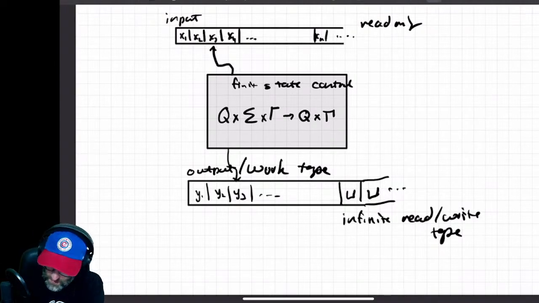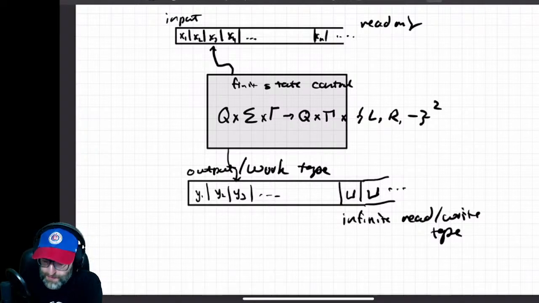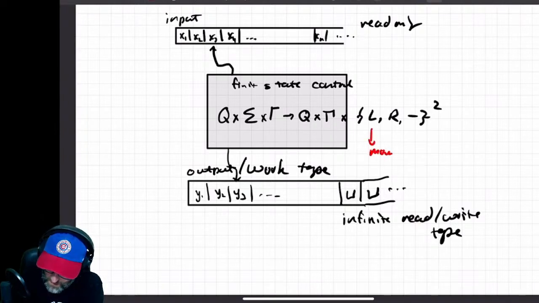And then it's going to move left, right, or stay the same on both the input tape and the output tape. Again, let me go ahead and annotate this. This is move the head. These are called tape heads, which are the bits that it's currently pointing to.